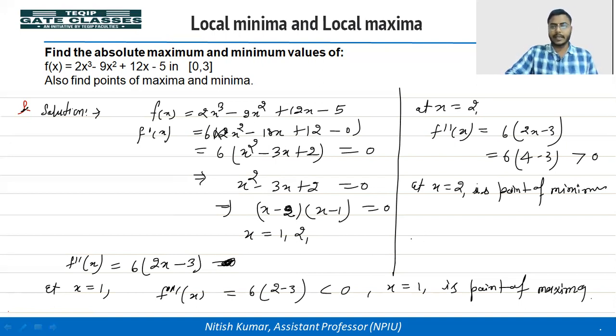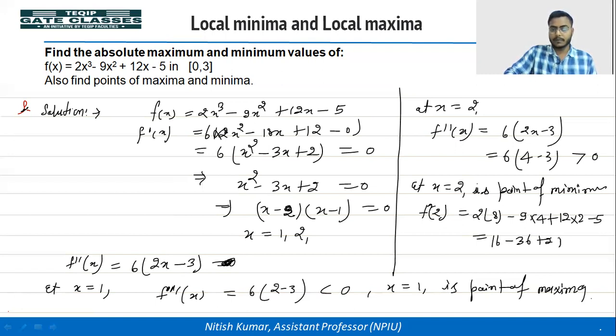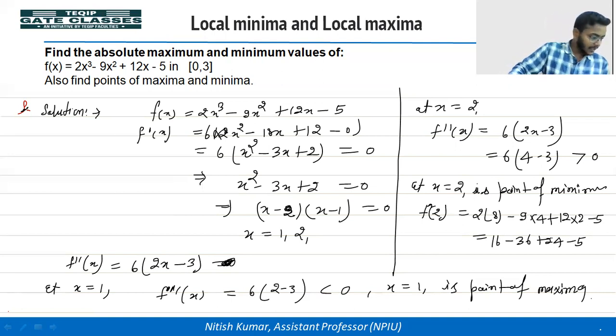Okay. So we can calculate the value of f(x) at x is equal to 2. What we are getting here? So 2 into 8 minus 9 into 4 plus 12 into 2 minus 5. 16 minus 36, 44 minus 5. We are getting here for x equal to 2, minus 1.